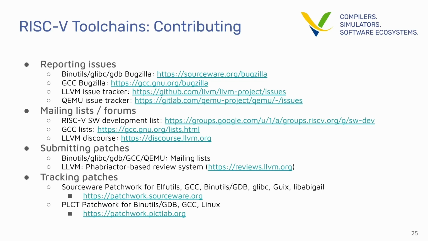For submitting patches, all these projects have either mailing lists or other review systems. People are encouraged to review patches of others. A way to get an overview of submitted patches is Patchwork. I've listed here two different Patchwork instances that track all the patches which are submitted to different open source projects.